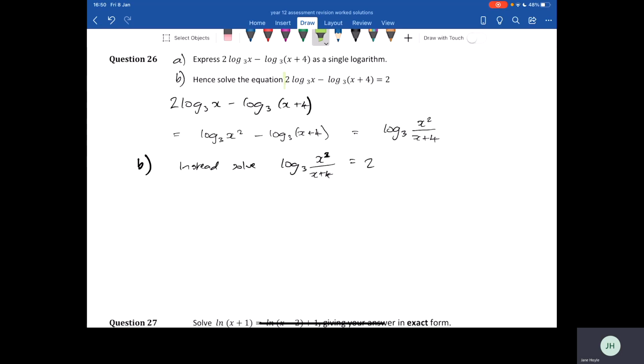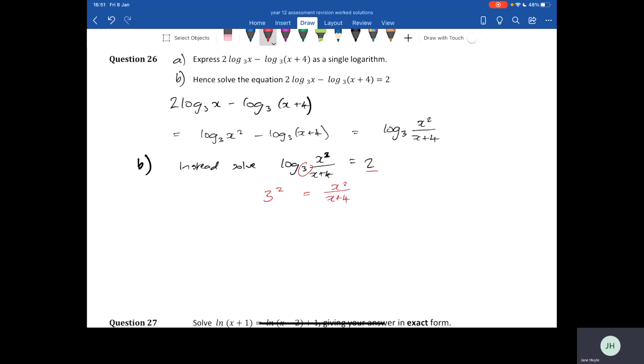Just to say again, instead of all of that equaling 2, we showed that that was equivalent to that. And now I need to rewrite that as an exponential equation. So this is my base 3, this is the power, and it's equal to this answer.